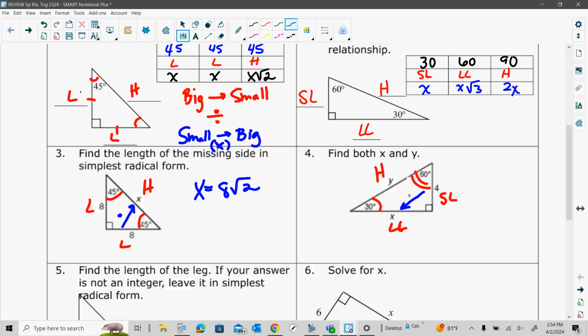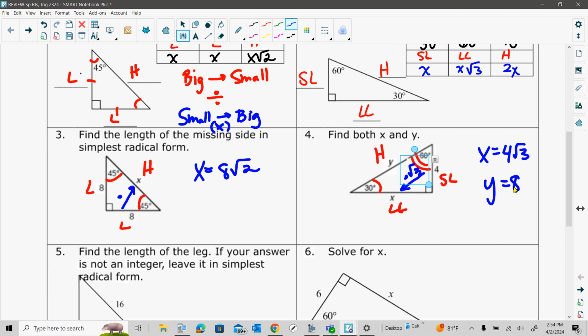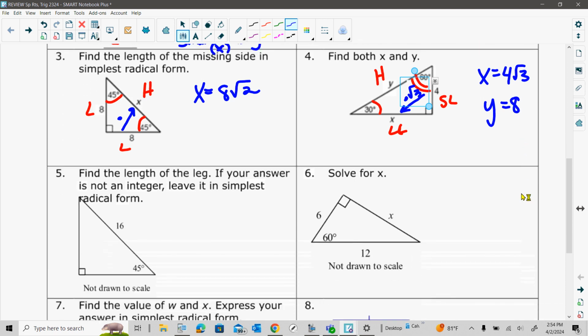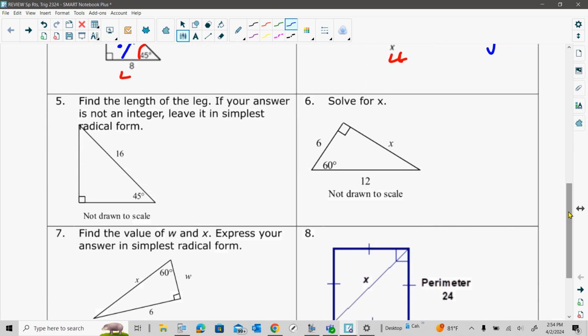Anytime I go small to big, I'm multiplying. So this one is multiplying by square root of 3. So x here was 4 root 3. And my y, I'm going small to hypotenuse, big. I multiplied by 2. I just doubled the number. And so that's 8. So you did have some where you're going small to big and then big to small.